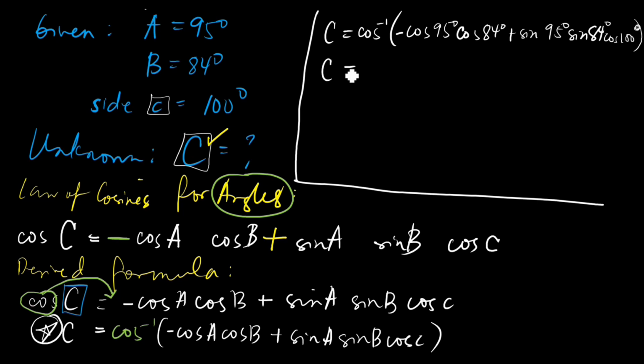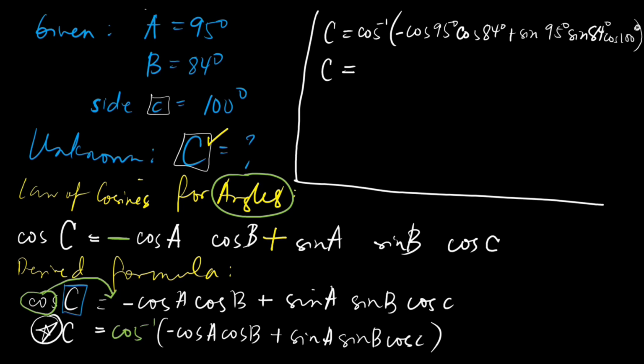Okay? Then you can already input this in your calculator. So again, degree mode, so our inverse cosine. So negative cosine of 95 degrees times cosine of 84 degrees plus sine of 95 degrees times sine of 84 degrees times cosine of 100 degrees.